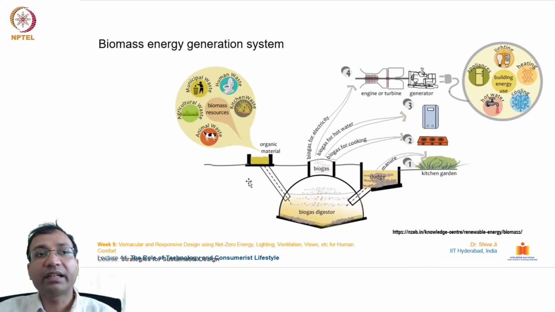That organic material can include animal waste, like cow dung, then agricultural waste, the leaves and other leftovers, and then municipal waste also comes into this, human waste like excreta, kitchen waste like vegetables, fruits, choppings, etc. Collectively they constitute this biomass resource, organic material, and these are thrown into the biogas digester over here.